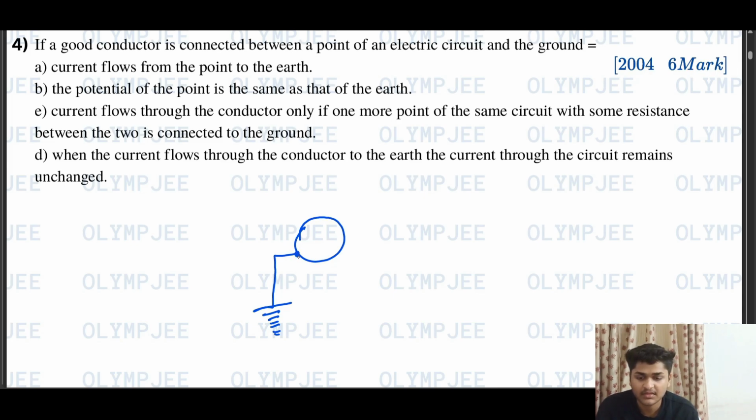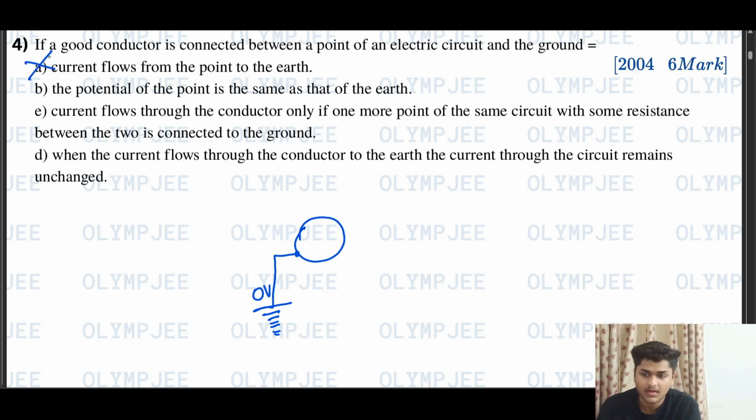Even if this thing was not open and this was closed, something like this, then also we cannot say that the current will flow from the point to the earth, because it depends on the potential of this point, because earth we always take as 0 potential, and if this is positive potential then the current will flow from this point to earth, but if this is negative then this will be higher potential, so current will flow in this direction from earth to conductor. So option A is clearly wrong.